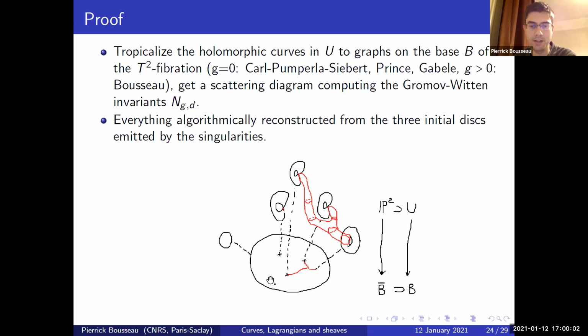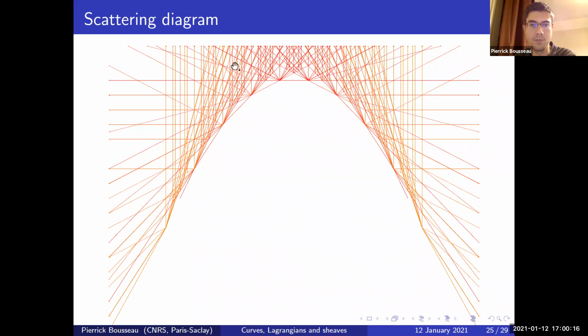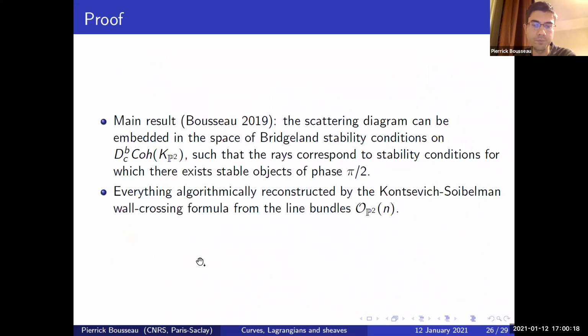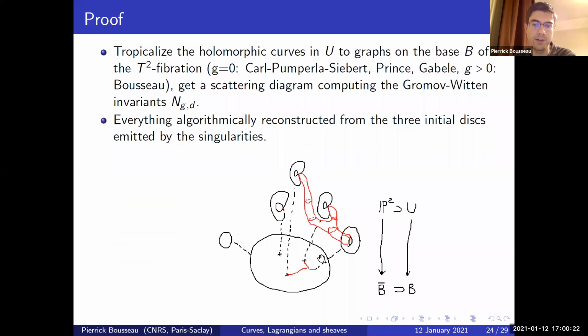And then you can show that these counts, this Gromov-Witten count N_{g,D}, can be algorithmically reconstructed in terms of something called a scattering diagram, in terms of graphs drawn on the base of this fibration. Here is a picture of this algorithm. And the main result to give the proof is to recover this tropical algorithm. So here you have graphs which appear at tropicalization of holomorphic curves. And to prove the theorem, you need to understand what is the meaning of this graph on the coherent sheaf side.